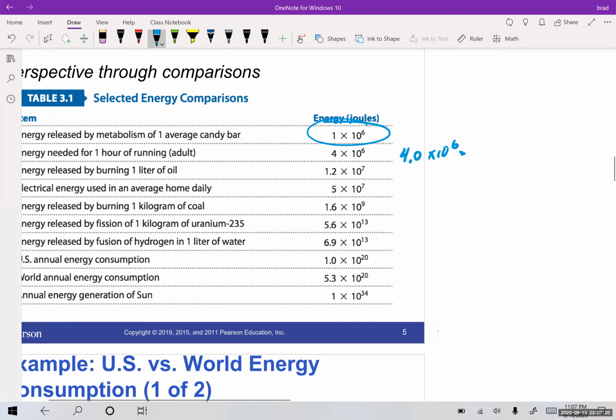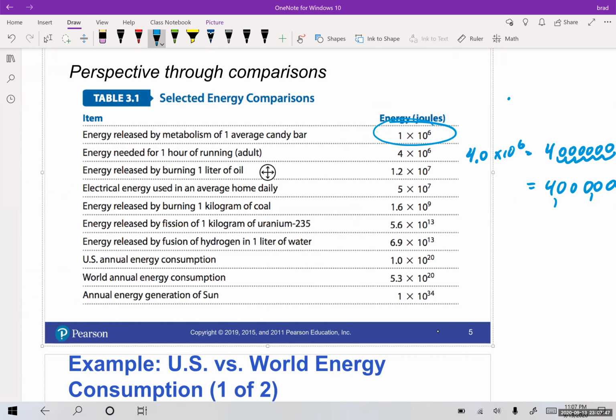We could rewrite this as 1, 2, 3, 4, 5, 6. That's what times 10 to the 6 does, right? So this is actually 4 million joules.